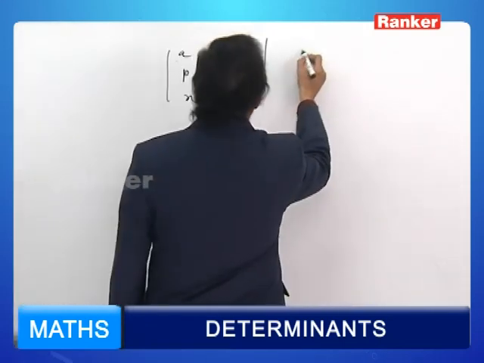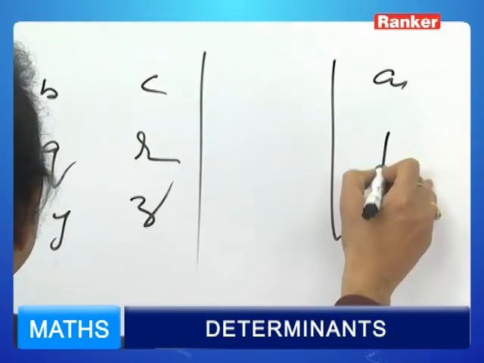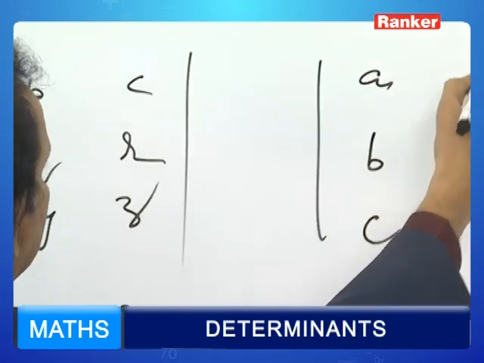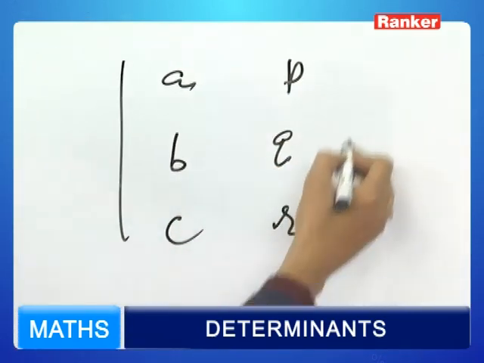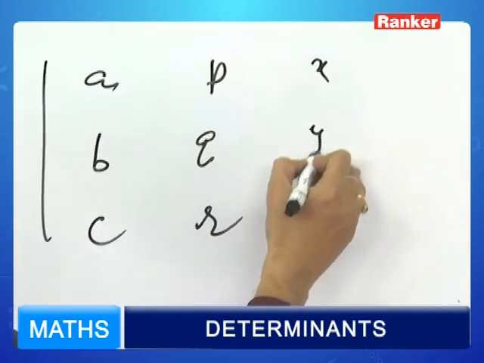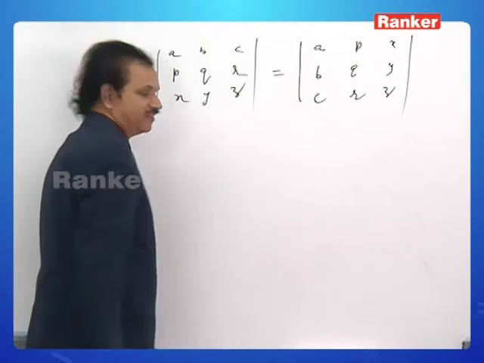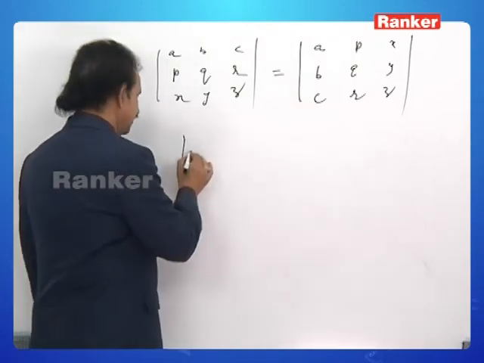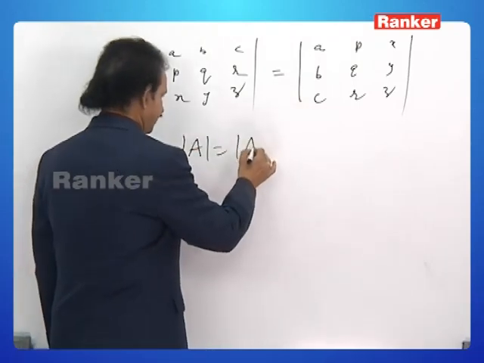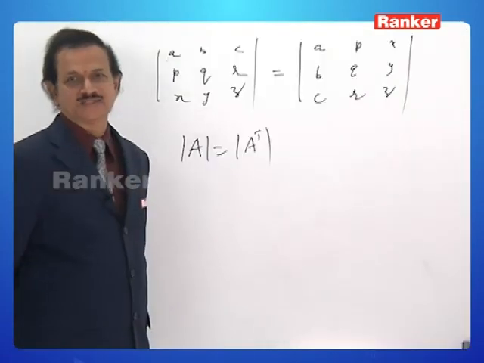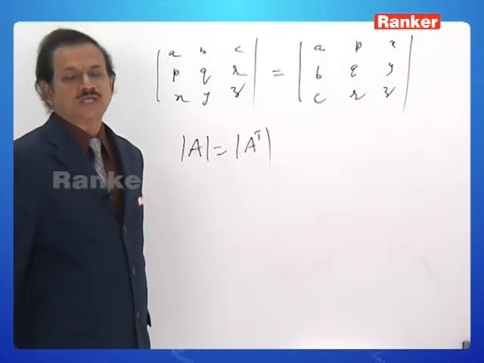What happens? This is A, B, C, P, Q, R, X, Y, Z. In this case, the determinant does not change. What I mean to say is that det A is equal to det A transpose.